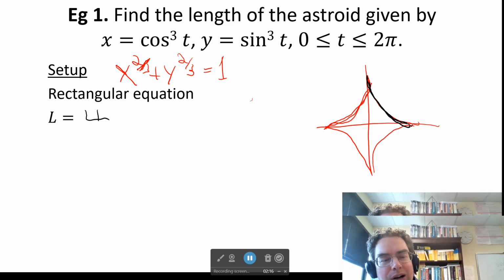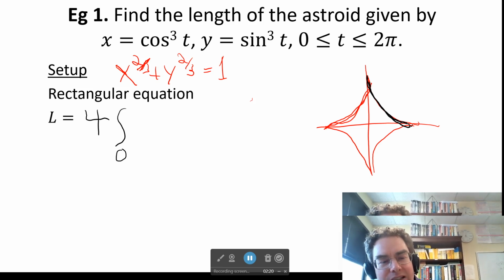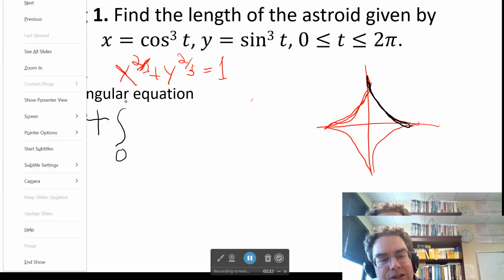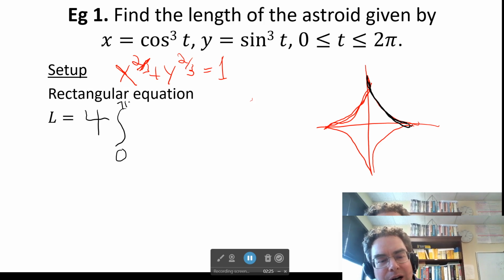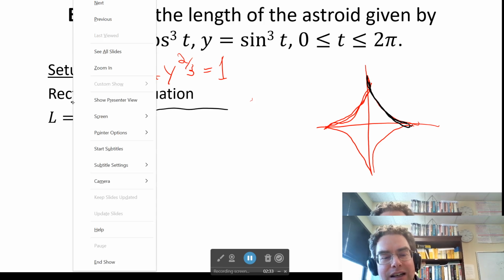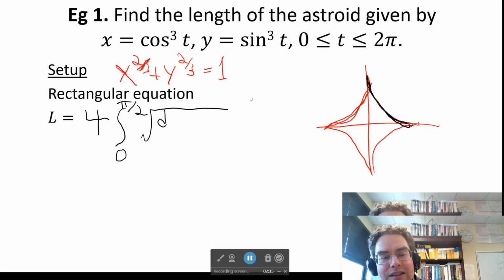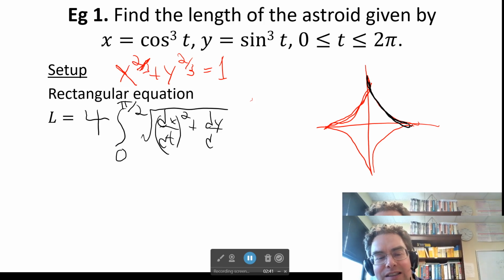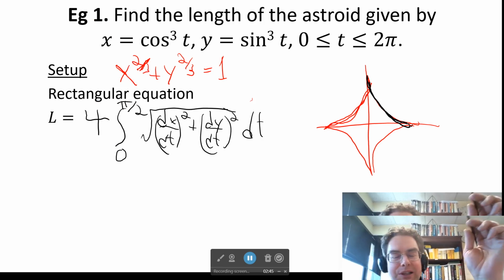Then our overall length for the asteroid is going to be 4 times the length of that piece, which is going to be the integral from 0 to pi over 2 of our usual formula for arc length, which will be the square root of (dx/dt)^2 + (dy/dt)^2 dt. Okay, so we could do that.